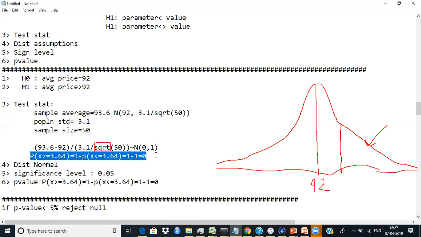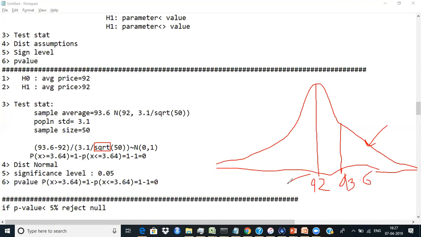This probability being equal to zero basically means that the probability to the right side of 93.6 under the mean of 92 is zero. Here you see the normal mean is 92, and under this mean that probability is very small. That means this mean is not true, right?